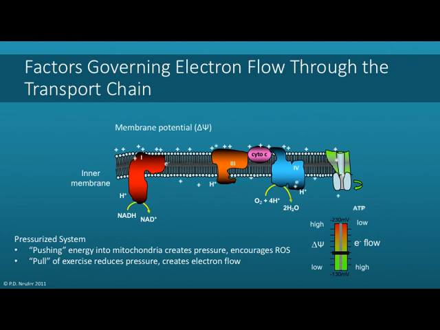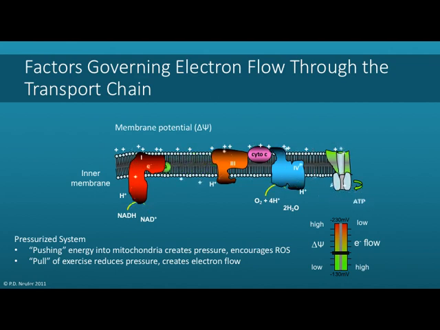Overall, decrease the push. The second aspect was to decrease the push. Don't force so much energy into the electron transport chain through reducing equivalents. So we can make this situation less reactive by decreasing the push of energy in. The push of energy in will try to saturate with electrons and encourage ROS formation.